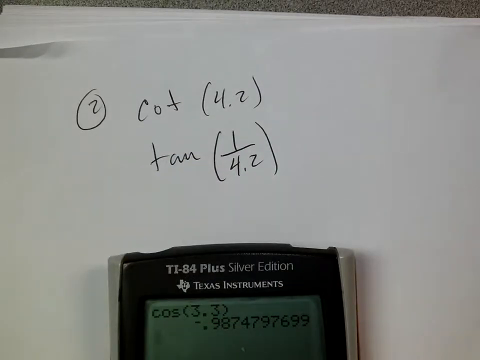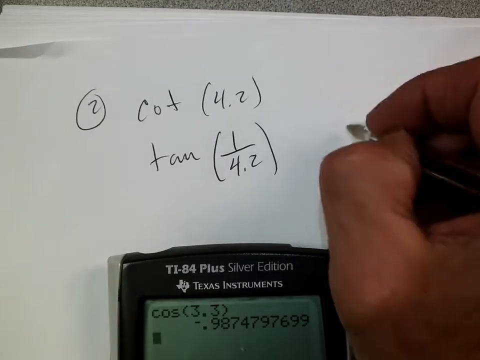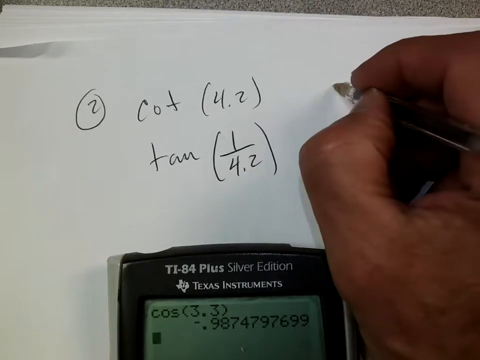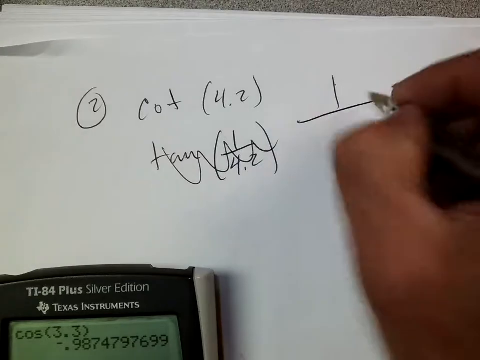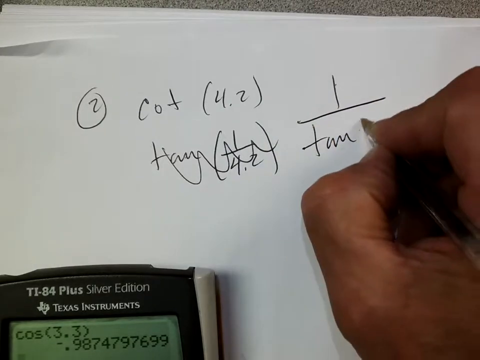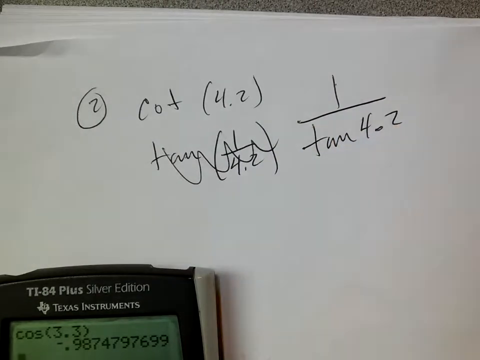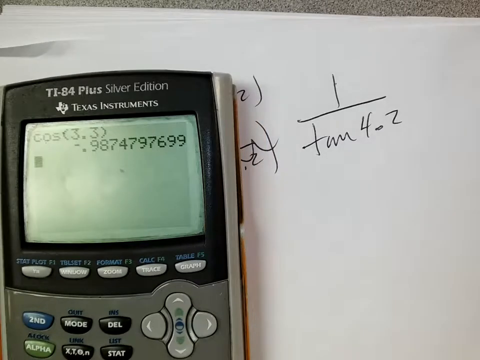So I'm going to go 1 divided by tangent of 4.2. That's what I want.